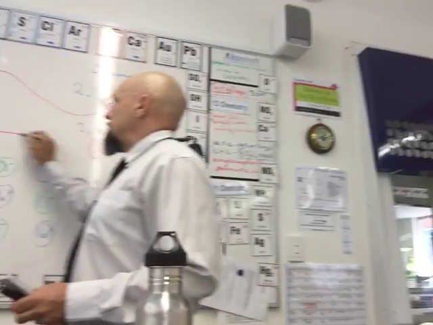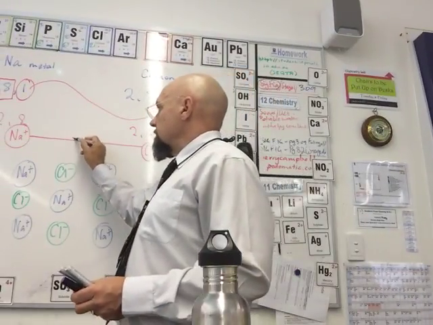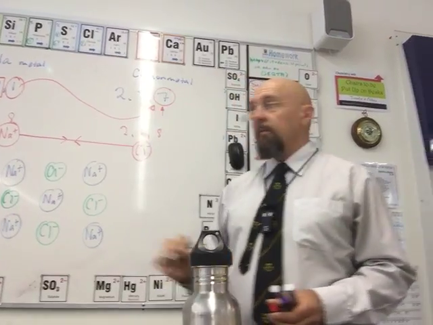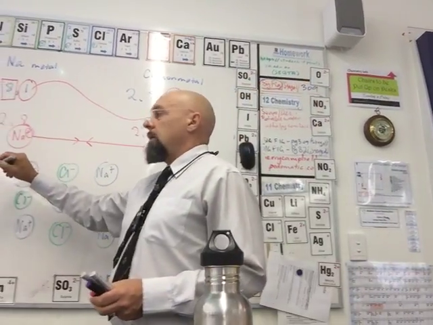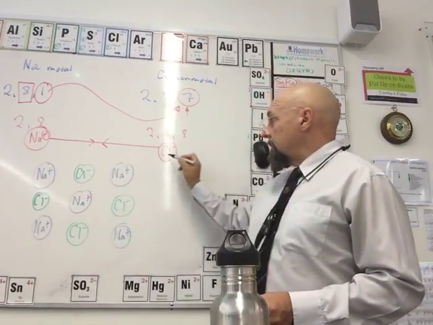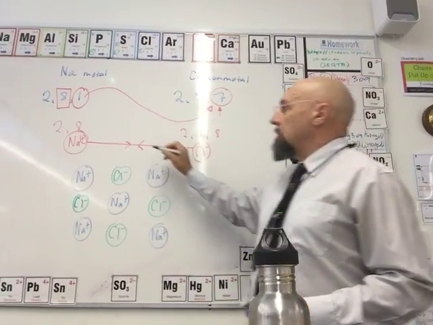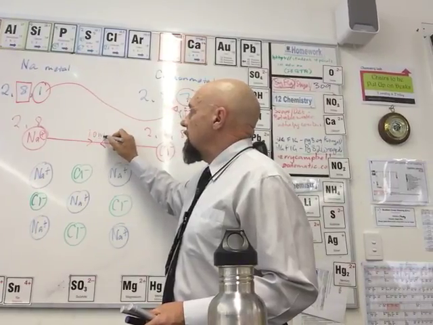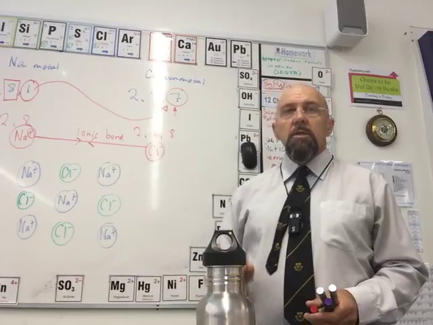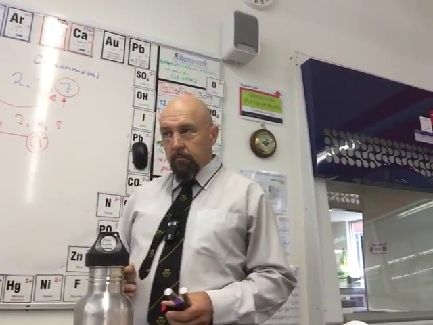As soon as this happens, we get a positive charge on the cation, and cat has got positive in it, if you can't remember. And the anion being negative. This is the ionic bond that has been formed. That's an example of just one ionic bond.